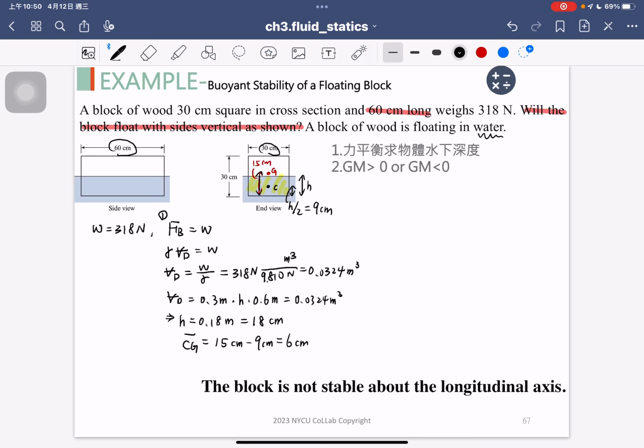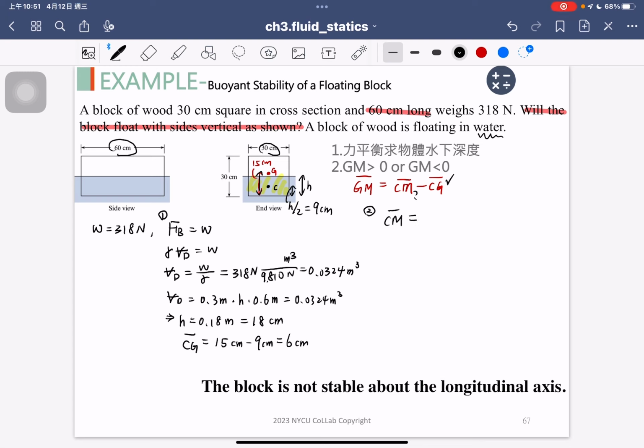Why do we need the CG value? Because based on the equation, we know that the GN distance will equal the CN minus the CG. So we have the CG information, but we still don't know the CN distance. So the next step, we need to compute the CN distance.